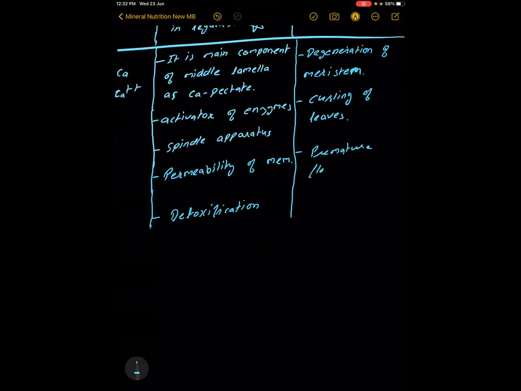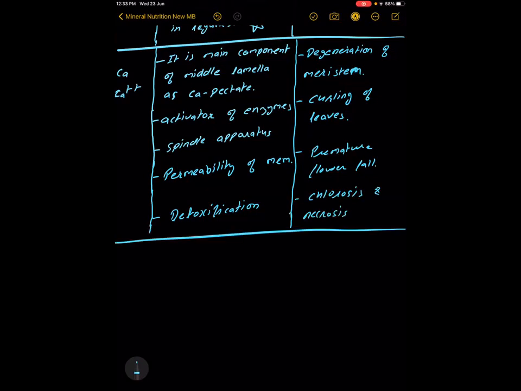Premature flower abscission, or just fall. Chlorosis and necrosis are common. It is calcium.